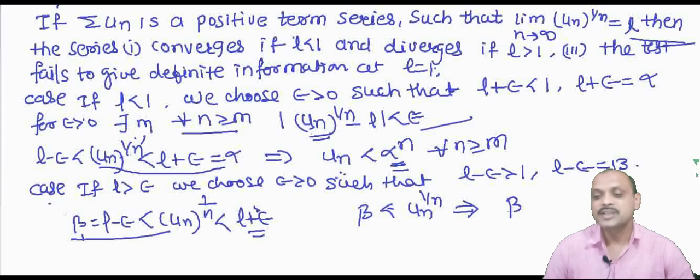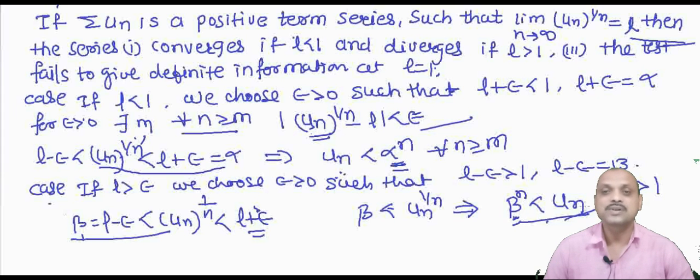But here beta is greater than 1, and by the geometric series, if beta is greater than 1, this series is divergent. Again we can apply the comparison test: if this series is divergent, un is also divergent.